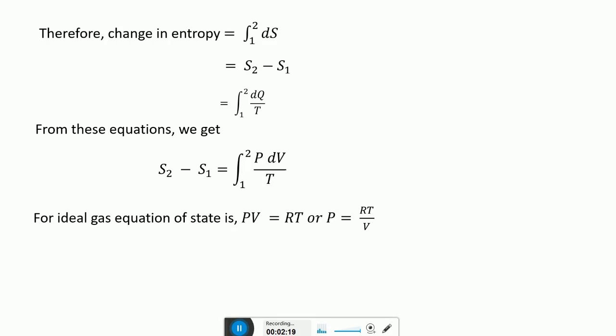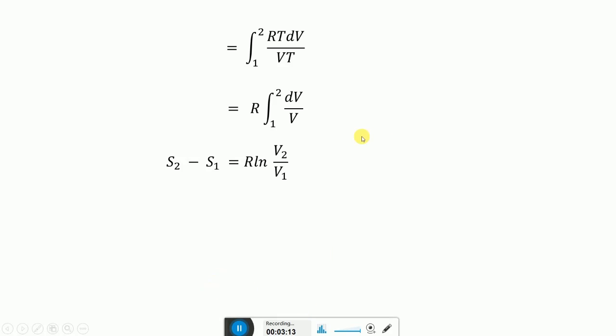For an ideal gas equation of state, we know PV is equal to RT, therefore P is equal to RT upon V. From these equations, we get S2 minus S1 is equal to integration 1 to 2 of P dV upon T. Again, the value of P is RT upon V, so instead of P we can write RT upon V. So we get S2 minus S1 is equal to integration of RT upon V into dV upon T. This T gets cancelled and the equation is R integration from 1 to 2 dV upon V, and integration of this term gives S2 minus S1 is equal to R natural log V2 upon V1.